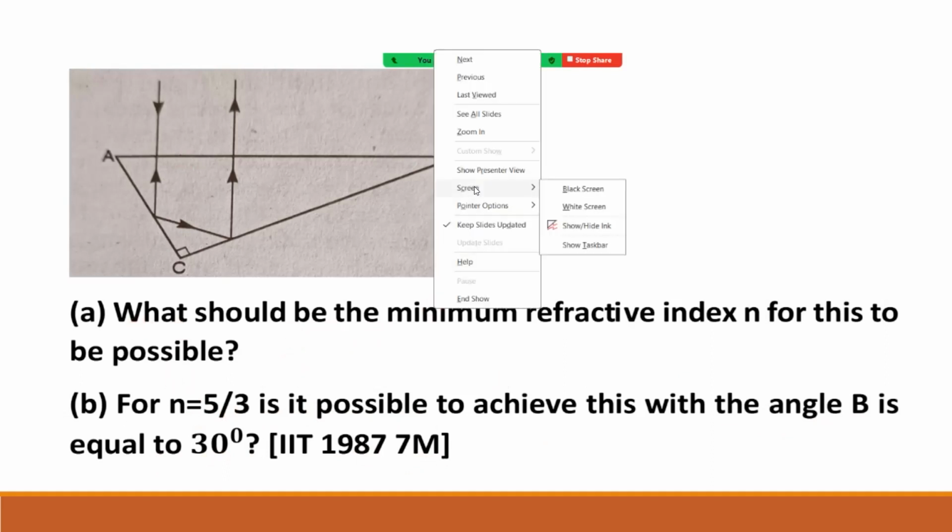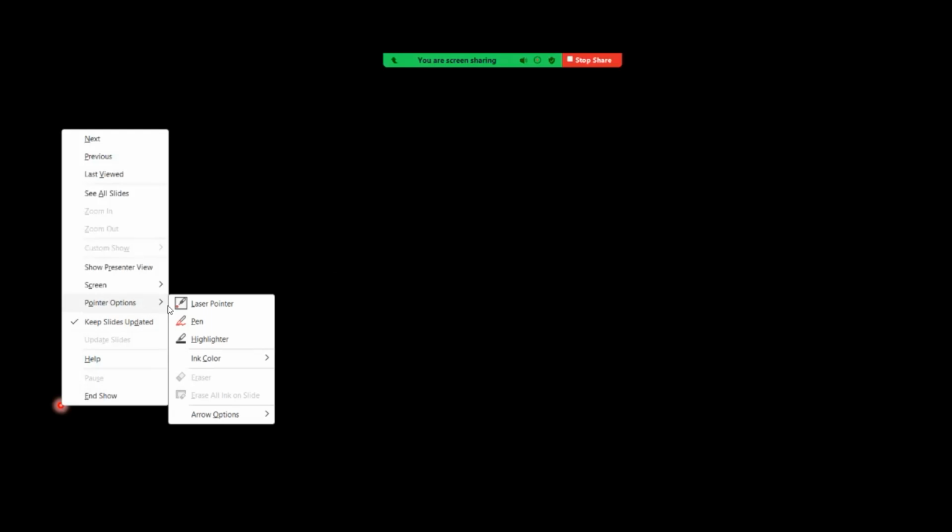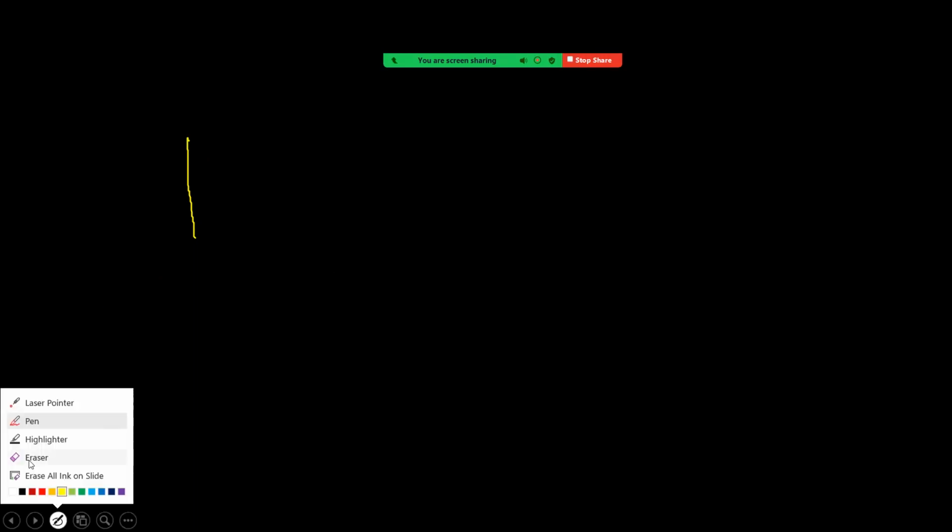Okay, right. Let us make the given diagram. Given a right angled triangle. It is given right angle, right? So this is AB.